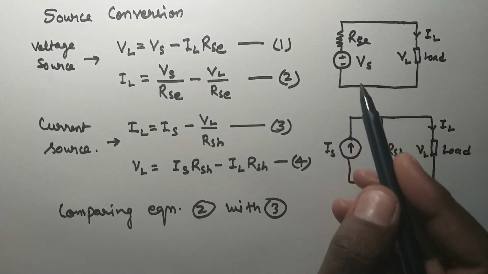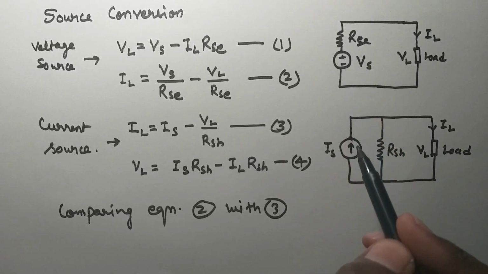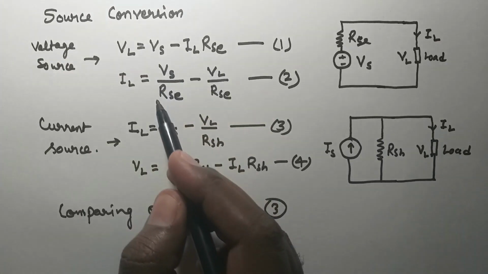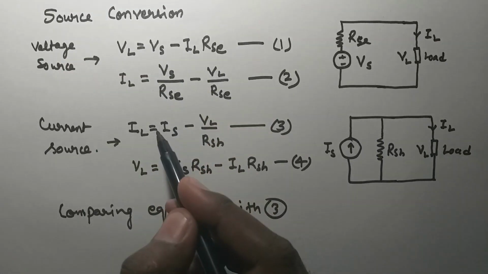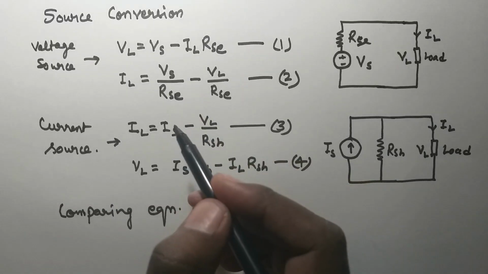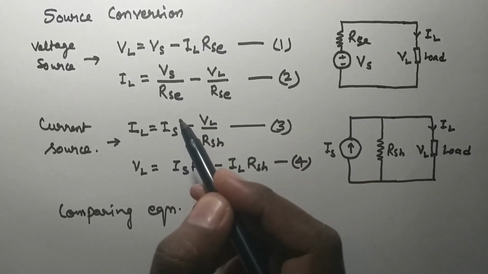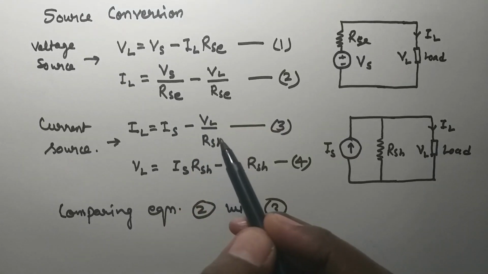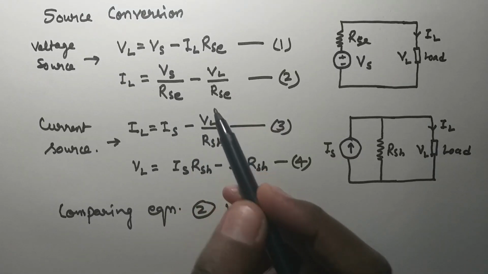So if these two sources are equivalent to each other, then this term should be equal to this term and this term should be equal to this term. It means Is should be equal to Vs upon Rse and RSH should be equal to Rse.